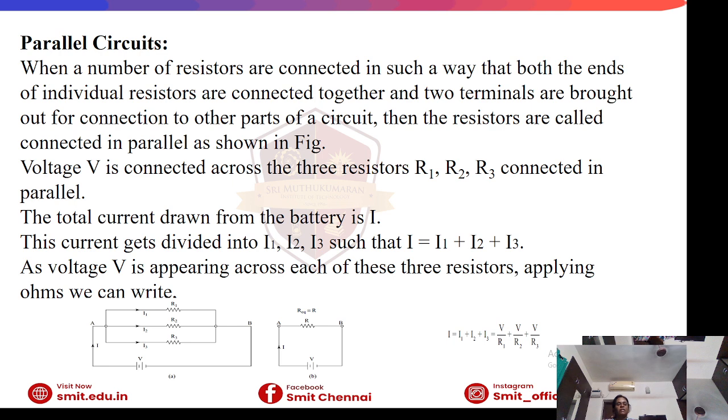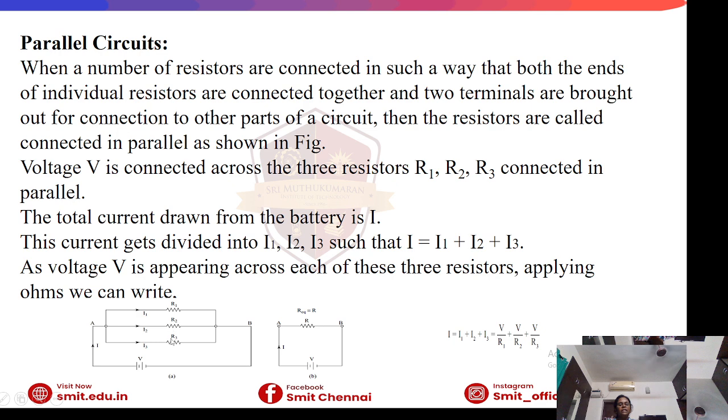The total current drawn from a battery is I. The current gets divided into I1, I2, I3 such that I is equal to I1 plus I2 plus I3. As the voltage V is appearing across each of these three resistors, we can write I1 is equal to V by R1, similarly I2 is V by R2, similarly I3 is V by R3.